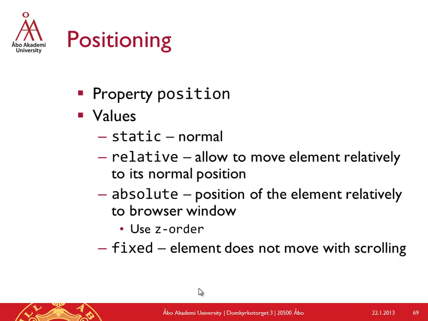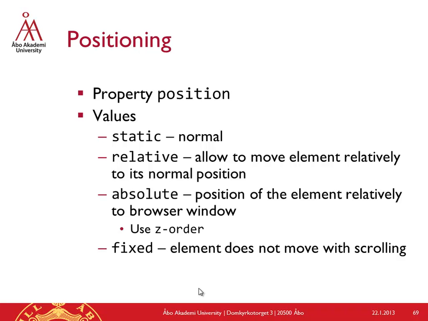Relative allows you to move this element a bit from its original normal position. Absolute provides you ability to specify its coordinates according to the browser window. And fixed allows you to fix this element on specific position in the browser window as well.